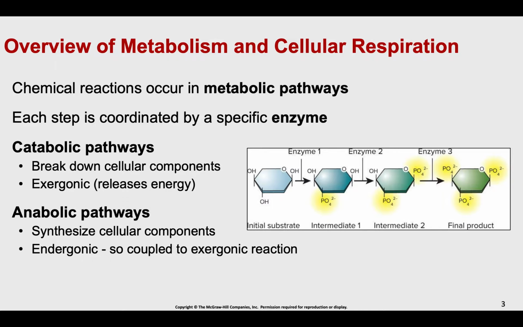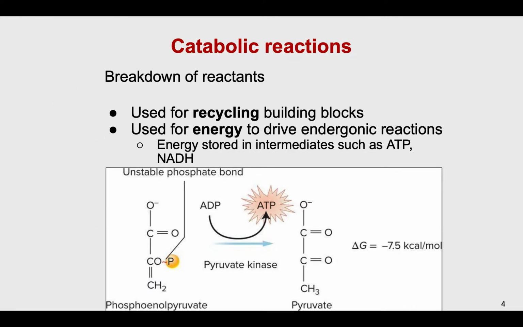So let's look at catabolic reactions a little bit more in depth. We're breaking down a reactant, a larger molecule, and there are a couple of reasons for us to do that. One reason might be so we can recycle different building blocks. A good example of that is proteins.